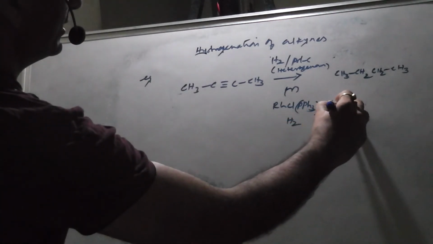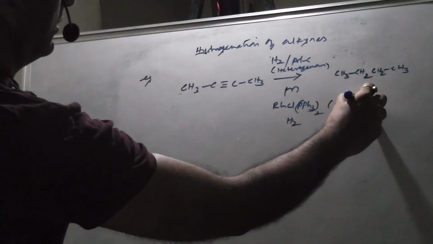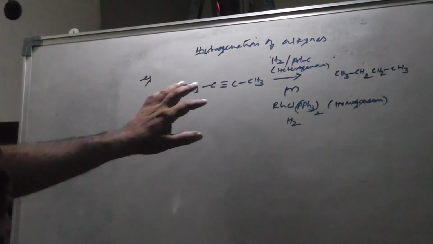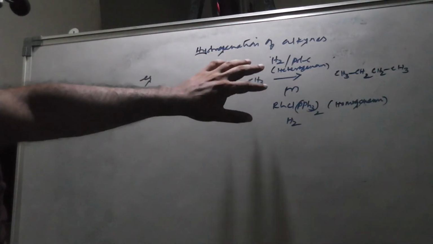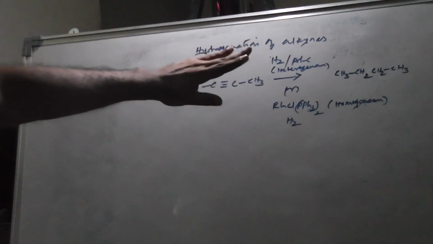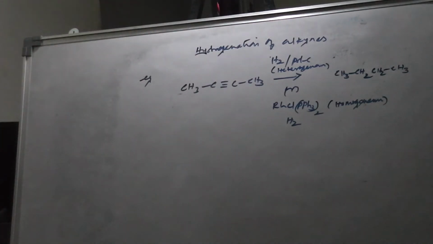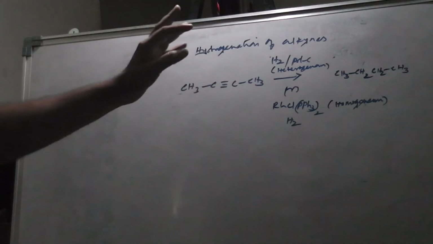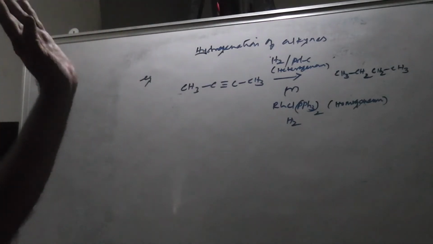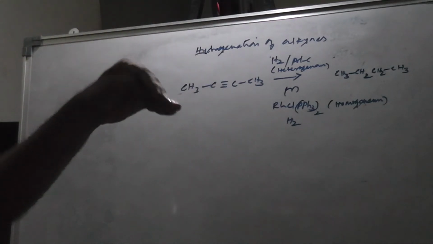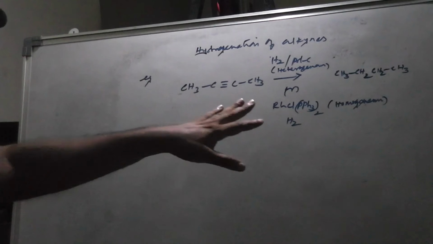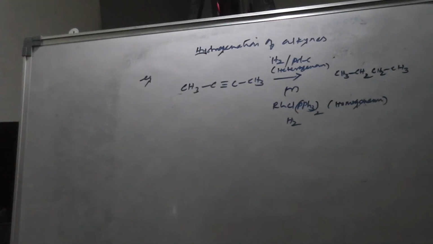And palladium on carbon with hydrogen can reduce the corresponding alkyne to straight alkane. In between there will be alkene formation, it doesn't stop there. In this case also it will be completely reduced using Wilkinson catalyst.